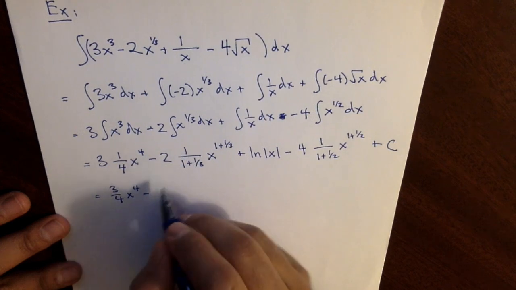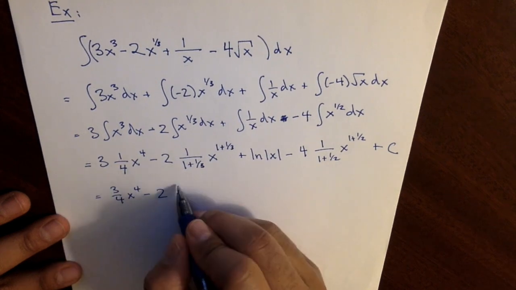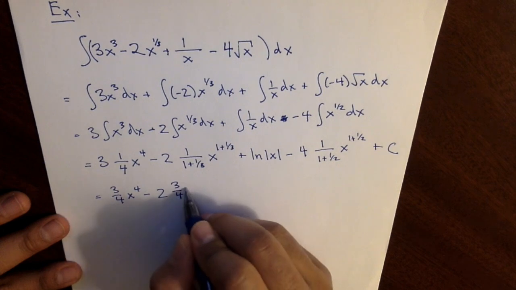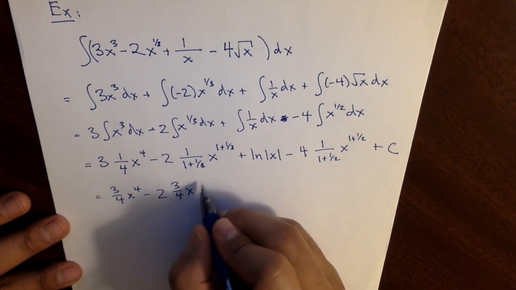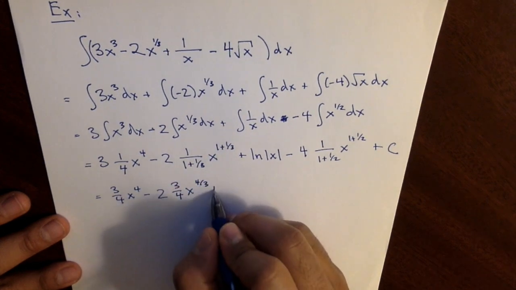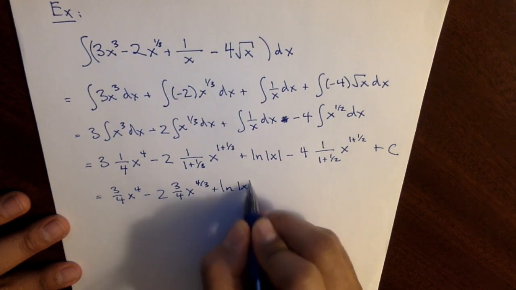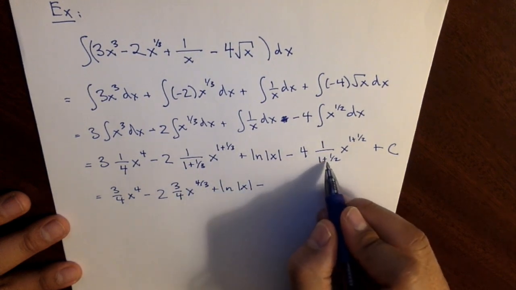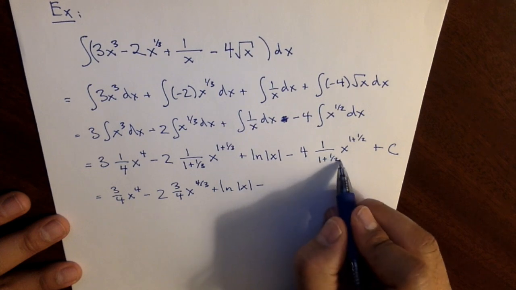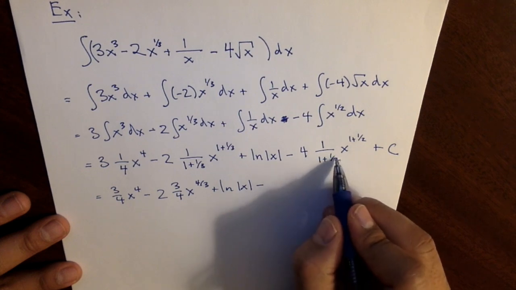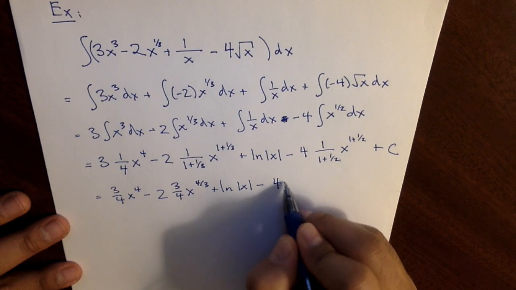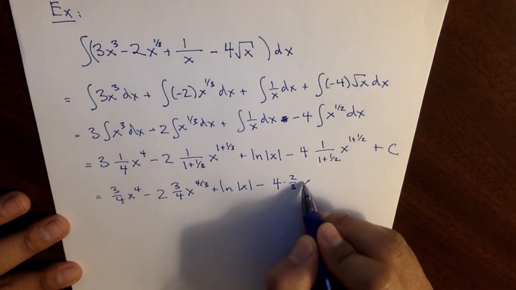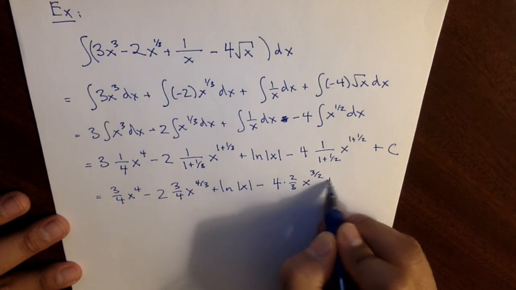So I can flip it and get 3/4 x to the 4/3, plus the ln absolute value of x, minus, and now this is 3 halves on the bottom. 1 plus a half is 3 halves. So that's 2/3 x to the 3 halves plus c.